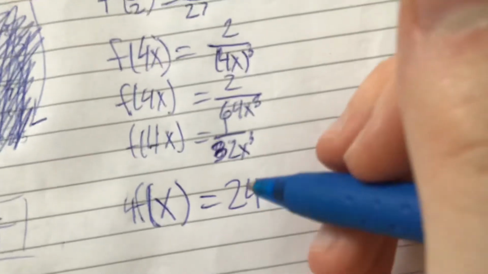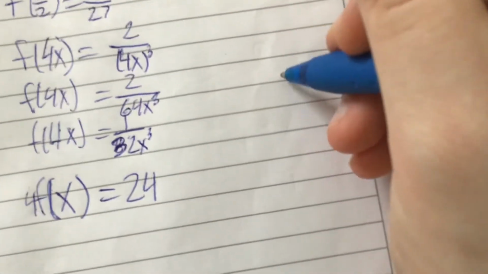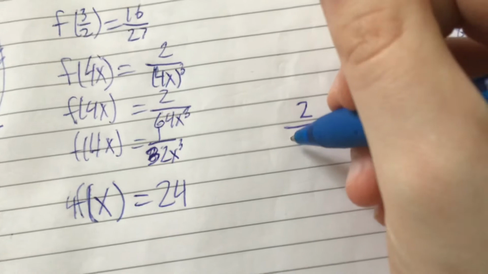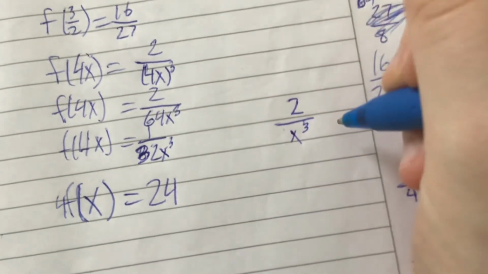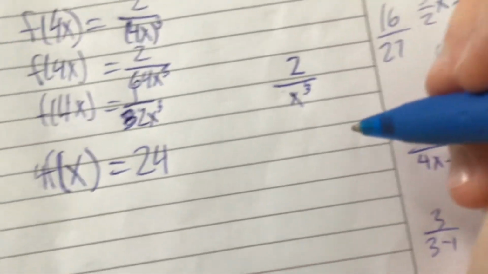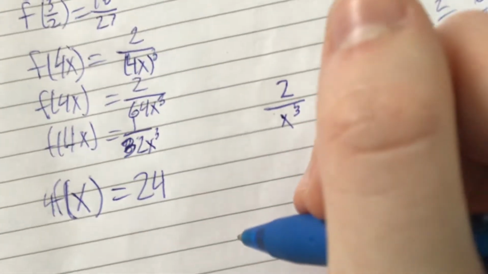The reason being, I wrote down the answer. Oh, yeah, that's the reason. No, but I can show you why I get that answer. The reason is because I go 2 over x to the third power. And no, this is not 24. No, this is not 24. I am so messed up.